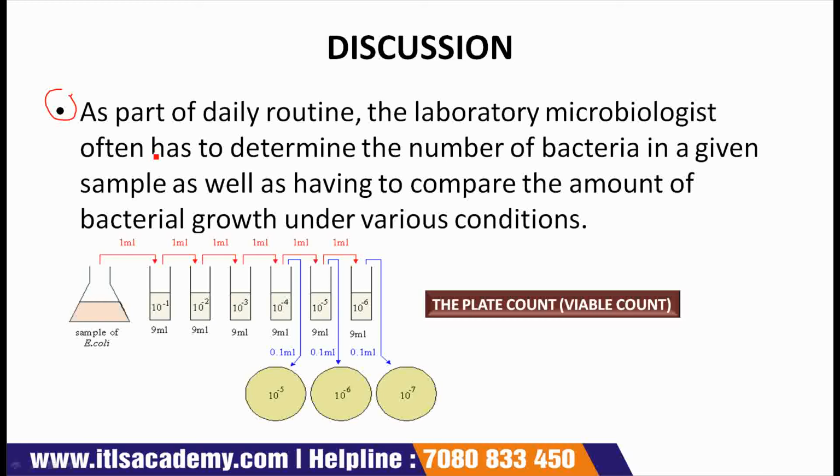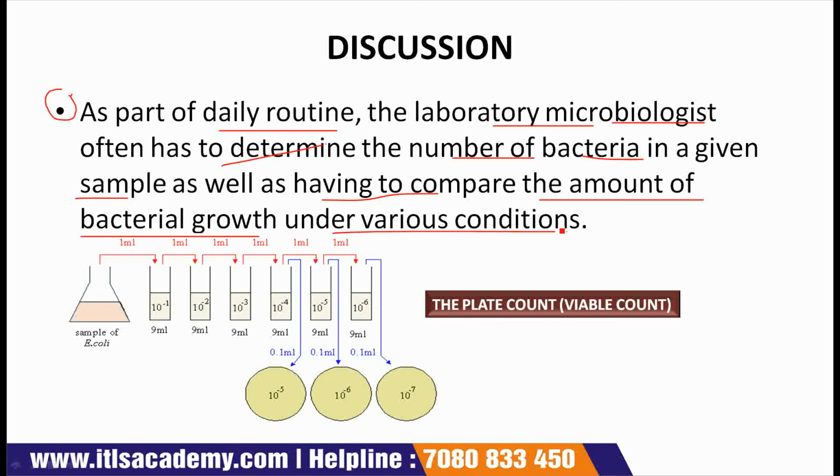As part of daily routine, the laboratory microbiologist often has to determine the number of bacteria in a given sample, as well as compare the amount of bacterial growth under various conditions.